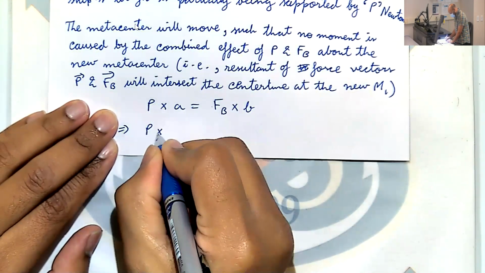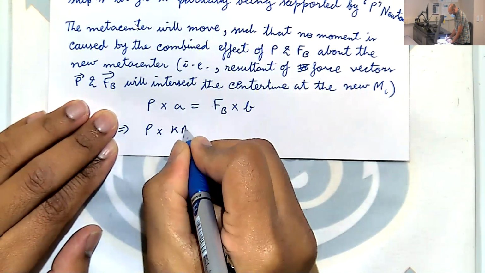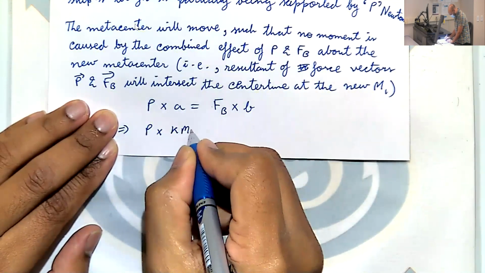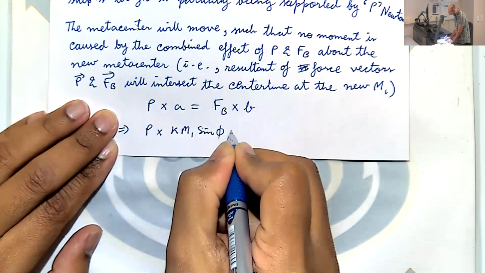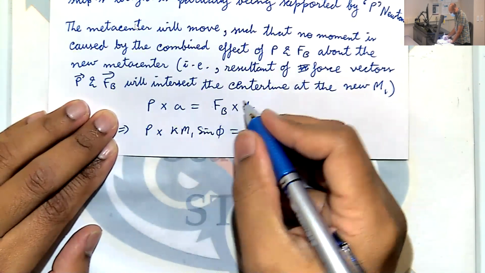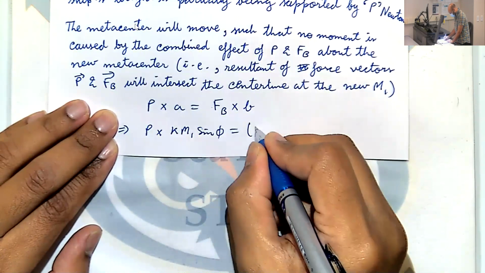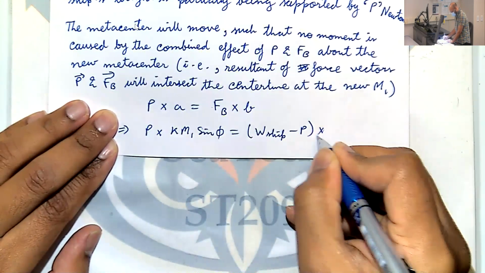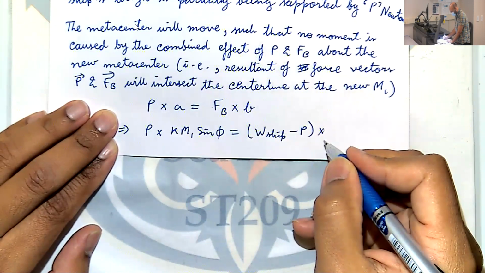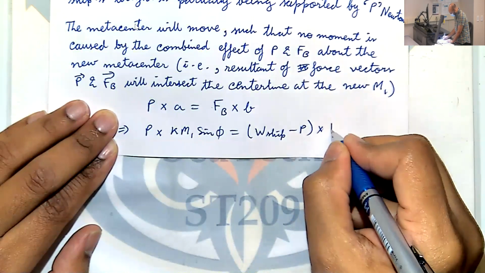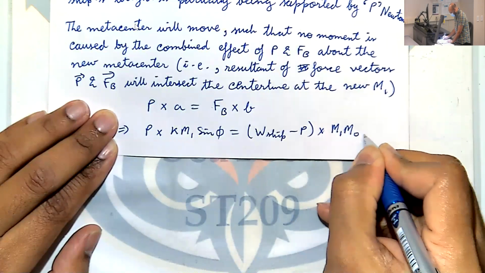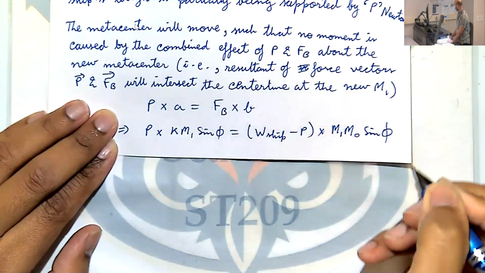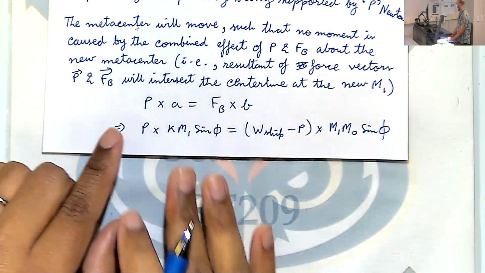P times KM1 sine phi. FB is W ship minus P, times b, which is M1 M0 sine phi. It's just trigonometry.